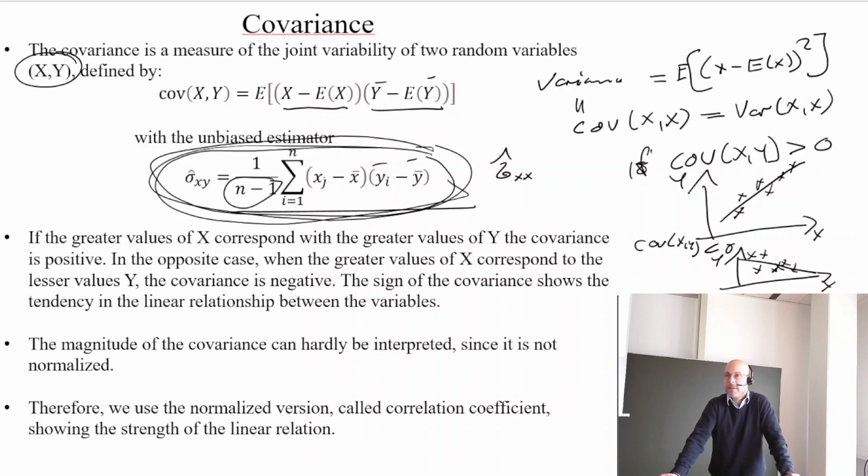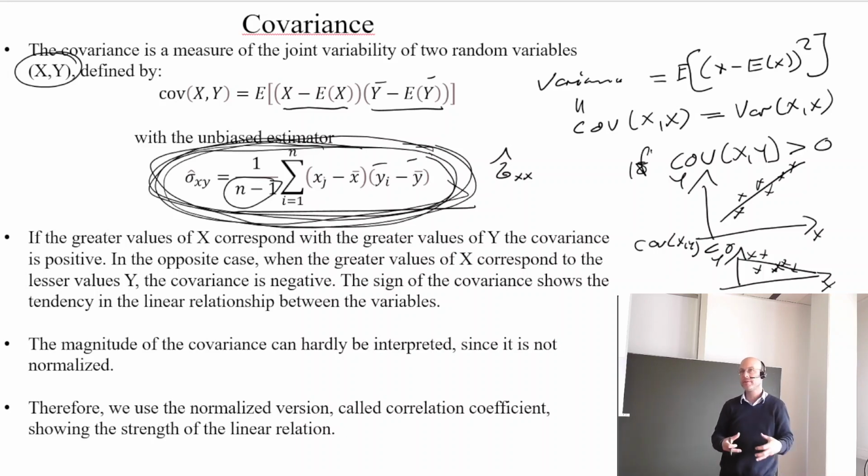But unfortunately, that was it with your covariance. Because, of course, you cannot interpret the number or the absolute value of the covariance in such a way that the higher the value, the more dependent are your variables or something like that.